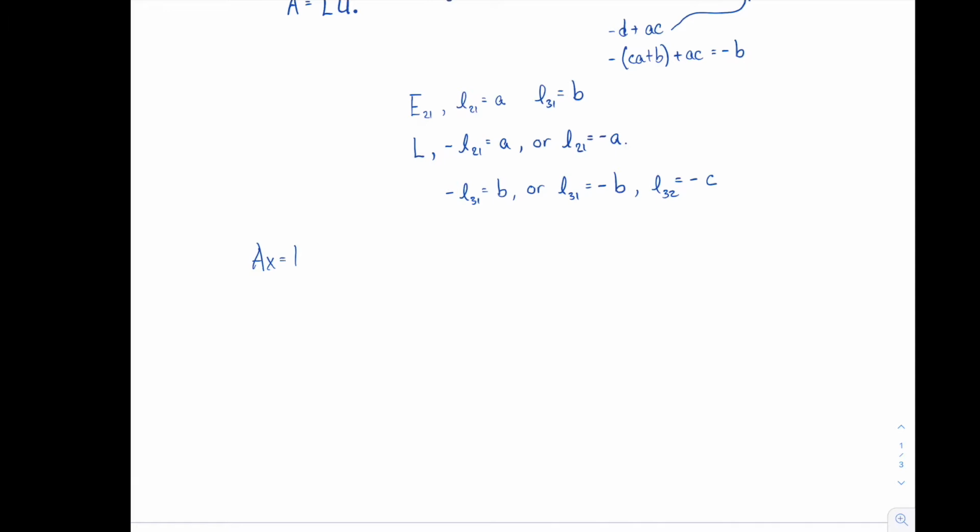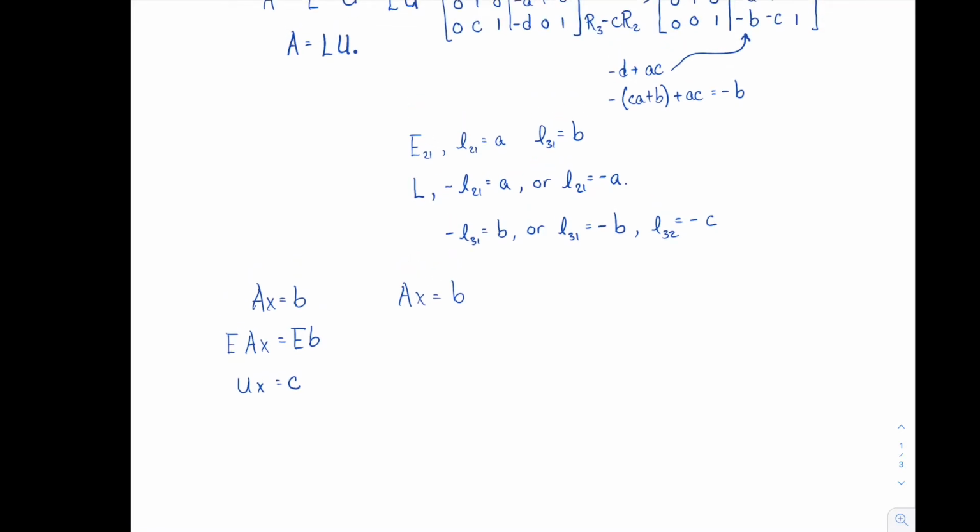If I want to solve the problem AX equals B, I would multiply both sides of the matrix by E. And so I have EAX equals E times B. And we said that E times A is in fact U. So U times X equals, and we said that E times B is C. Now we also said that AX equals B, but now we've done all this work.